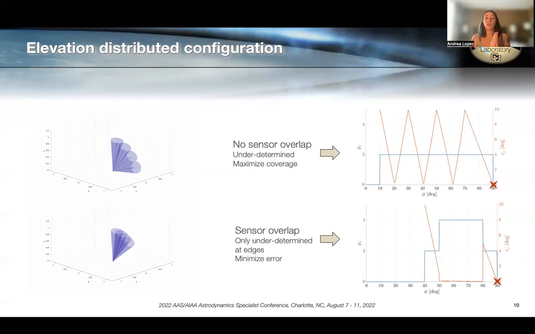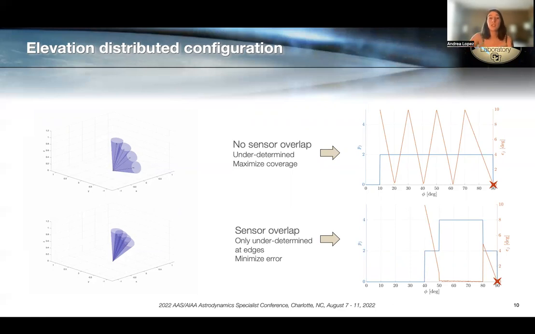So if we position these sensors so that there's no overlap between the sensors, then the problem is mainly underdetermined in this whole section of elevation. We only get 2 unique measurements all along, and in exchange, the coverage is maximized because they are covering as much elevation as they can.